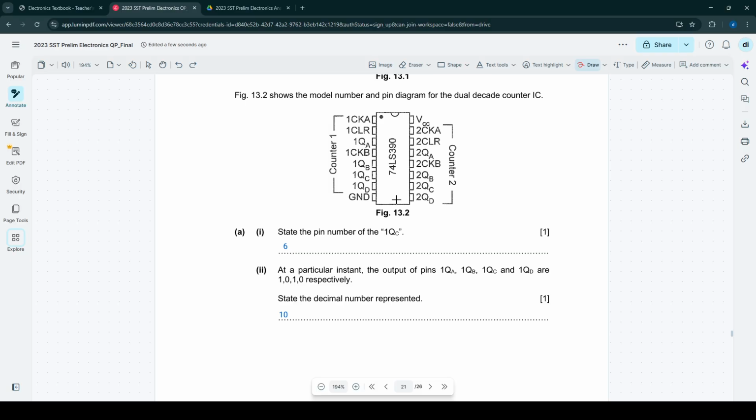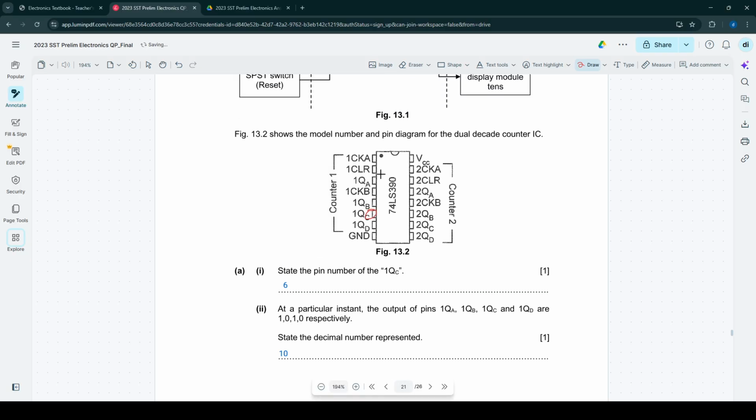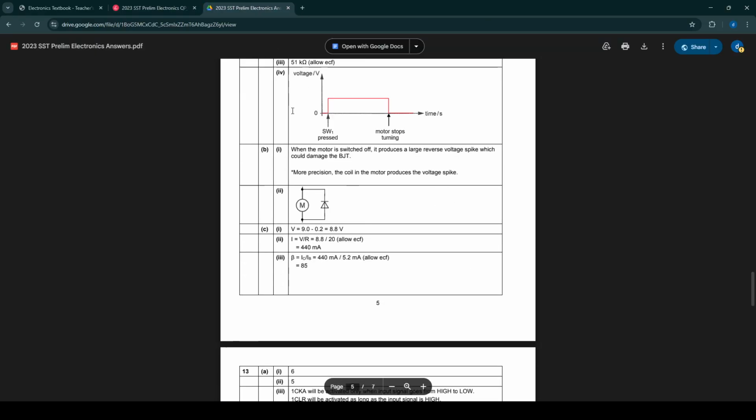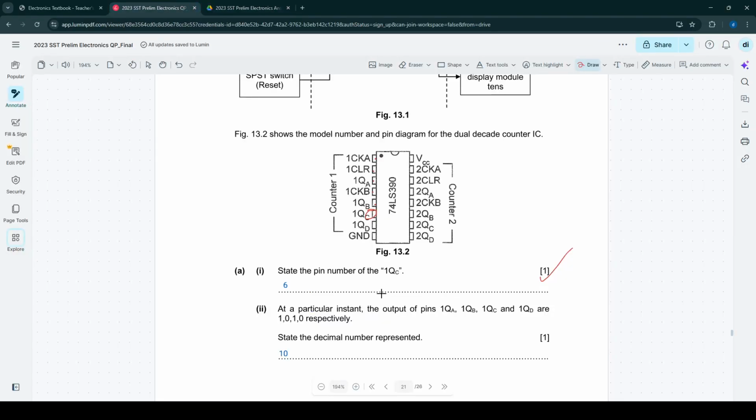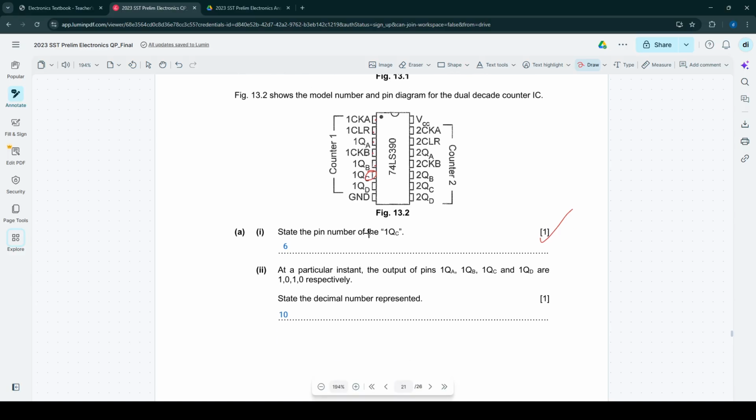State the pin number of this. So, yeah, 1, 2, 3, 4, 5, 6. At a particular instant, the output of pins A, B, C, D are 1010. State the decimal number represented.